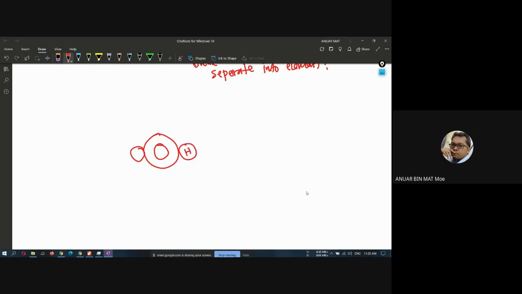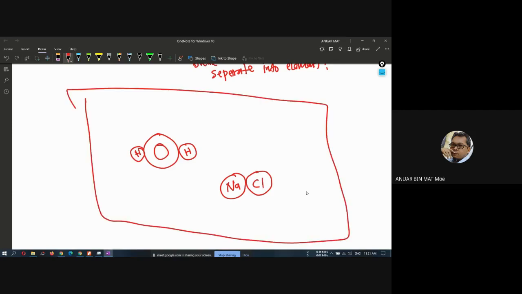And then this is salt. Salt is sodium chloride. Mixed together inside a big container. This is a mixture of compounds.